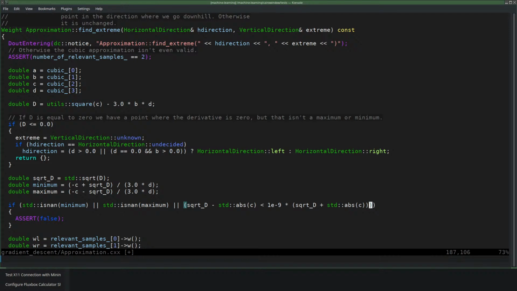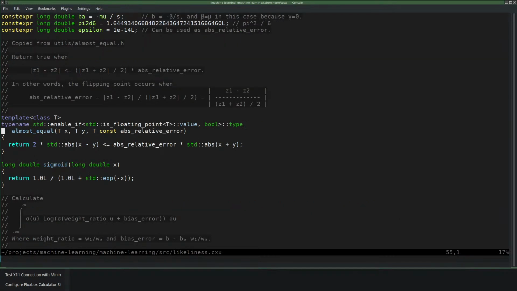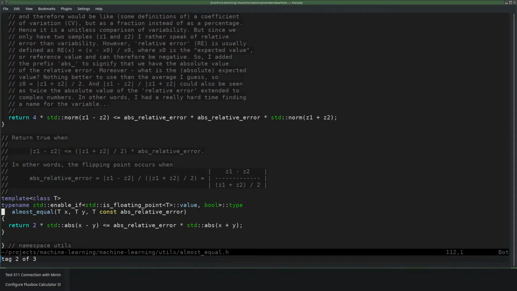Why do I have so many braces? Now, I wrote a utility called almost equal, which does this: the difference divided by the average.